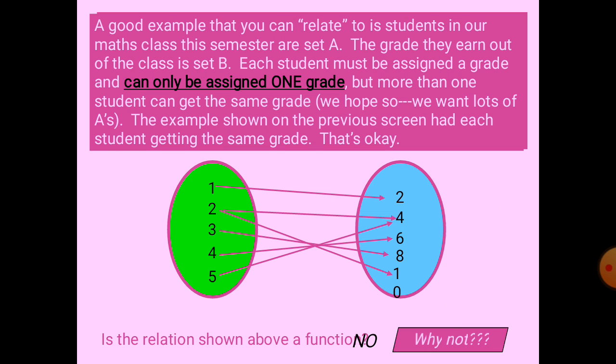As you can notice here, 2 was assigned both 4 and 10. That's illegal. So it is not a function, because one student can be assigned only one grade.